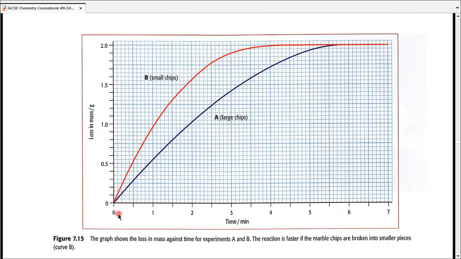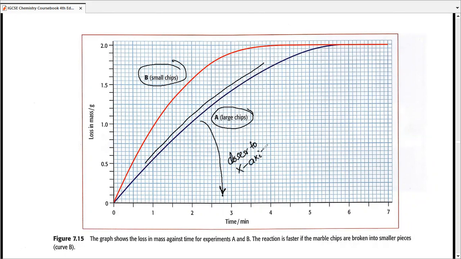All right. So notice that the reaction is pretty fast in case of small chips. It's fast, and it's slow in case of large chips. How do we know? This slope that you can see, if it's closer to the x-axis, that means it's slow.